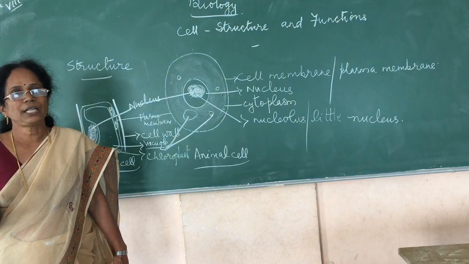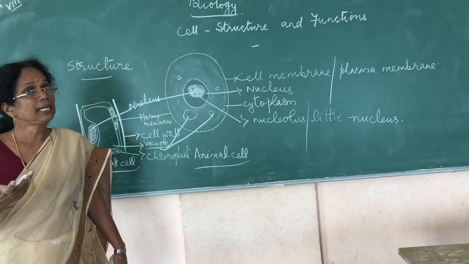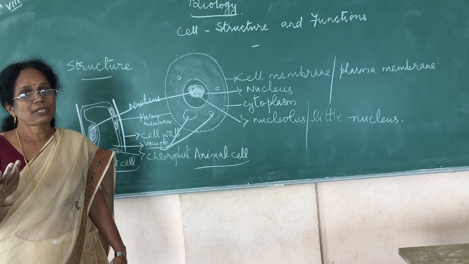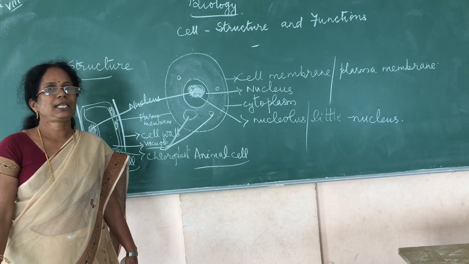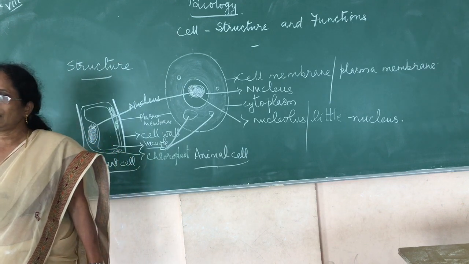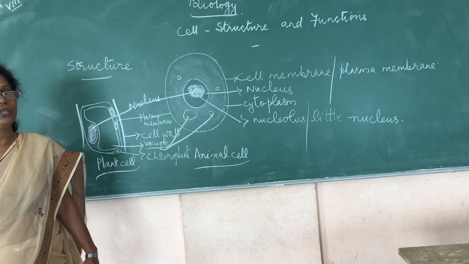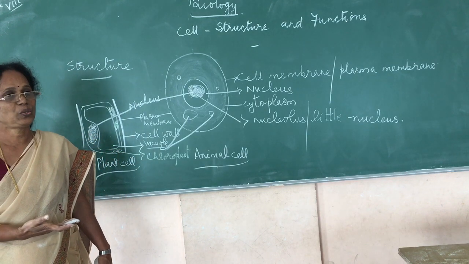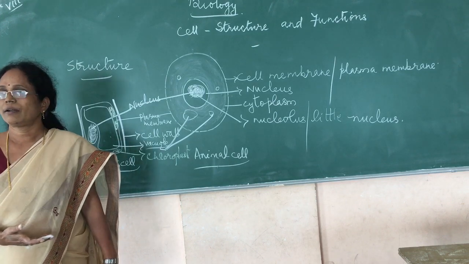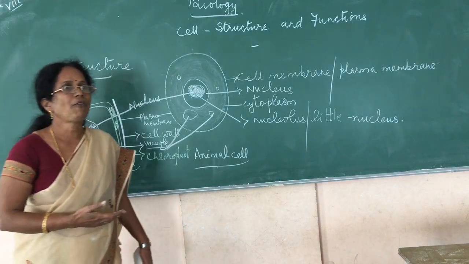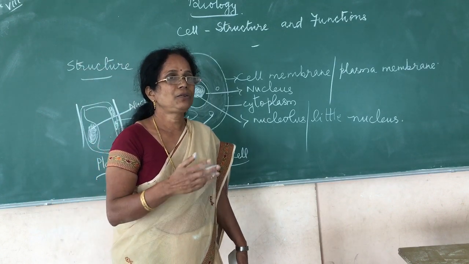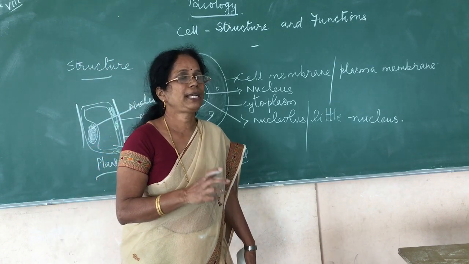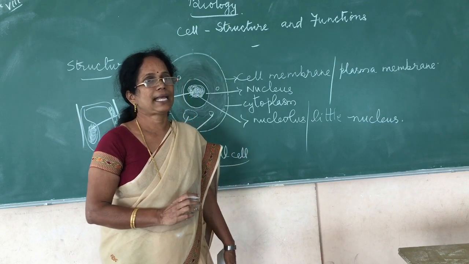Have you seen red color leaves? Yes. That red color leaf will change to green color slowly. All those are due to the presence of pigments, colors, and those organelles are called plastids.